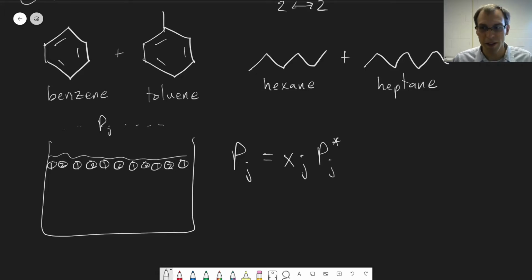Because if something is more volatile, if its vapor pressure at this temperature and pressure is higher than the other component, you would expect it to be higher in the vapor phase as well, even if you have a mixture of them. This equation is known as Raoult's law, and it gives us a way to find Pj as a function of the composition. And so this lets us look at some properties of that. We will look at that in the next video.